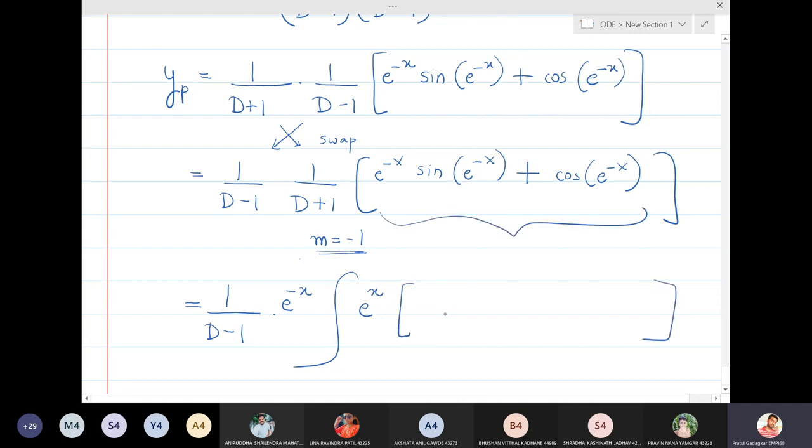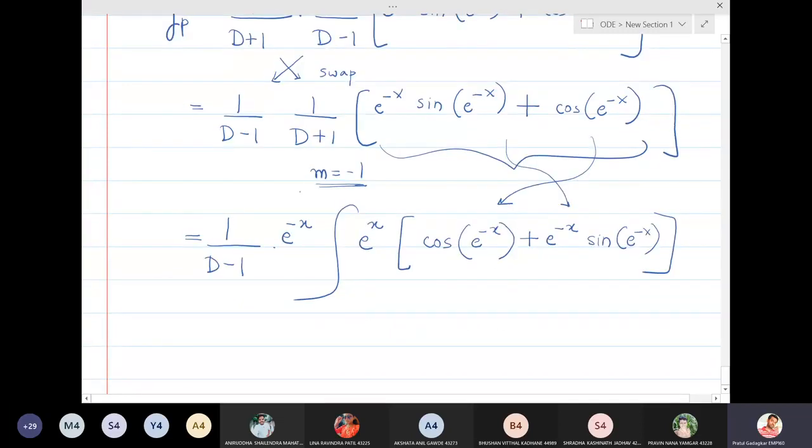What is that function? Now here again I'm going to use a little bit of smartness. I'm going to write this first and this second: cos e raised to minus x plus e raised to minus x sine of e raised to minus x. Why am I doing this? Because I know this is a function, and what is the derivative of cos e raised to minus x?